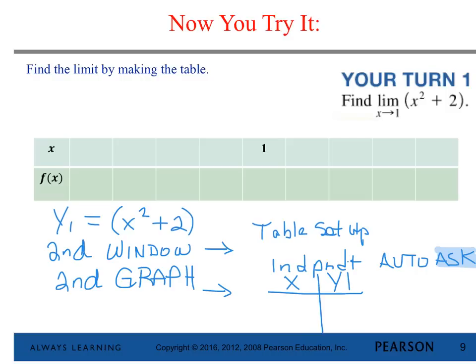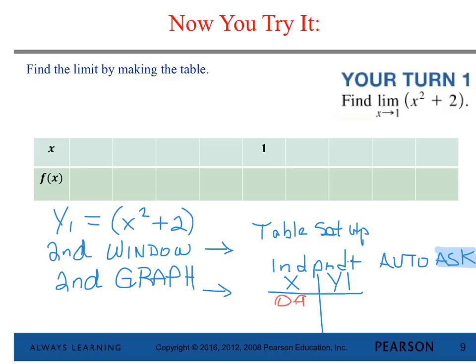And what I want you to do is enter in the numbers getting closer and closer to 1. So a number that's a little less than 1 would be 0.9. And then go 0.99 and 0.999 and so forth until you get very close to 1.